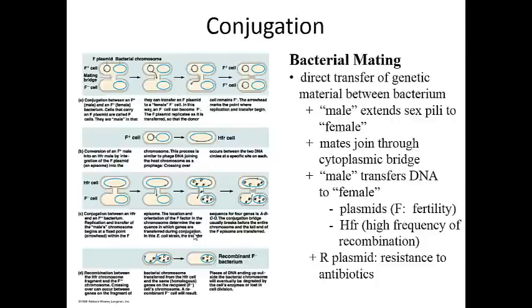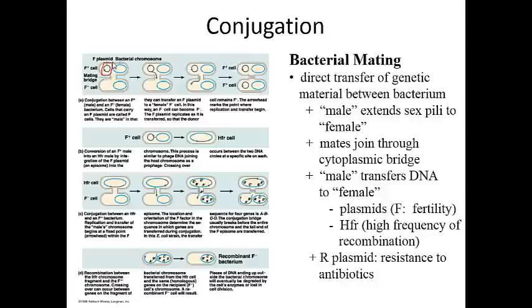Here you see the third method by which DNA can be transferred from one bacteria to another bacteria. We call this conjugation. This is most likely what took place in the experiment that we looked at before. Conjugation is also called bacterial mating. Some bacteria have a plasmid called the F plasmid. Here you see what the F plasmid looks like.